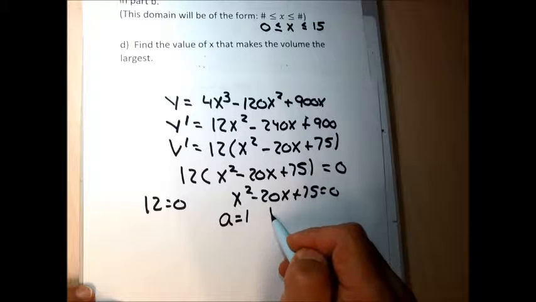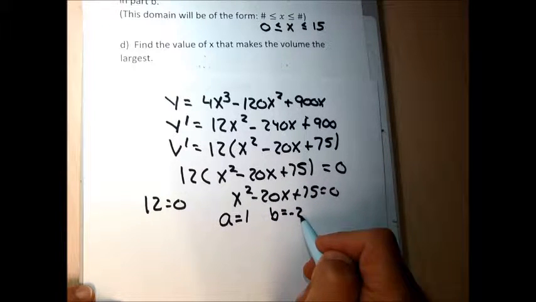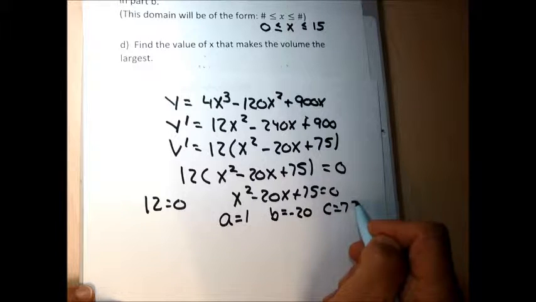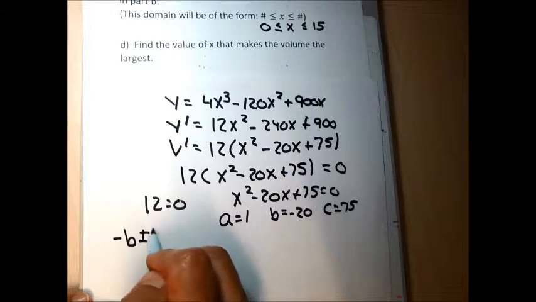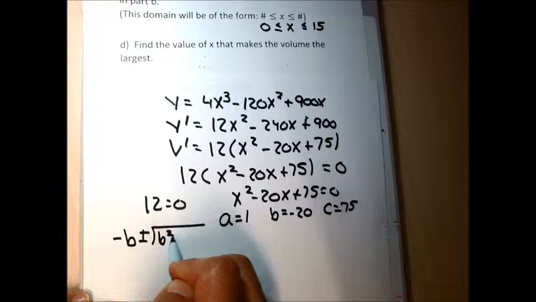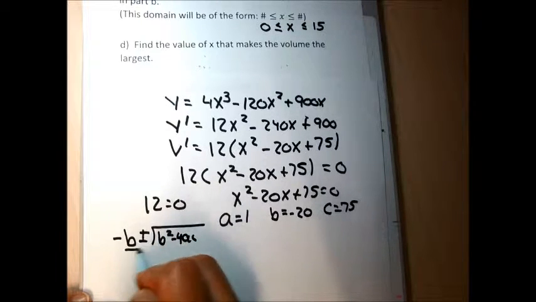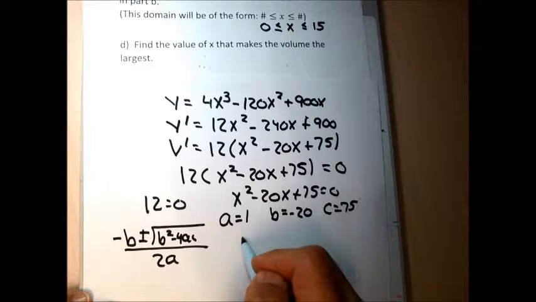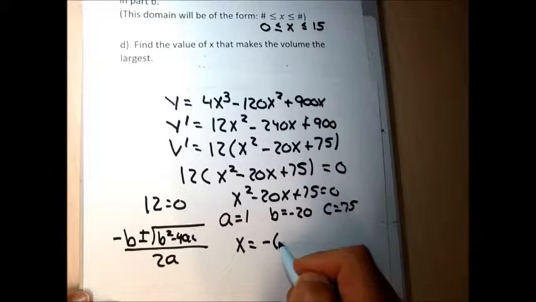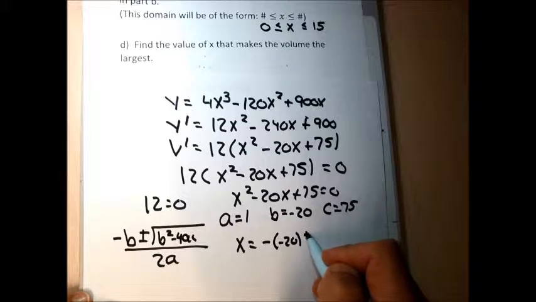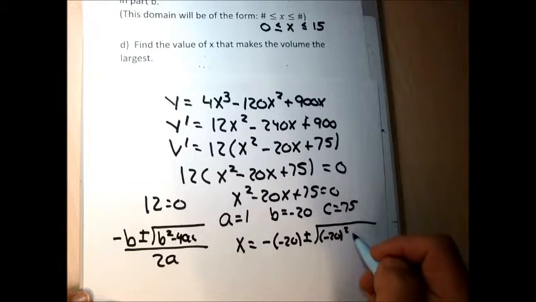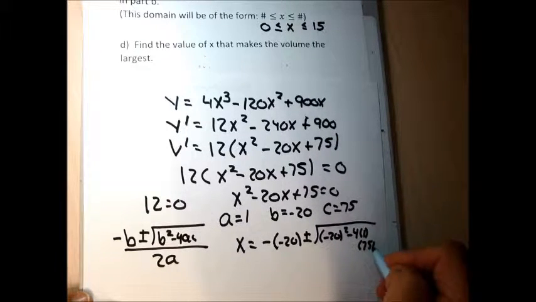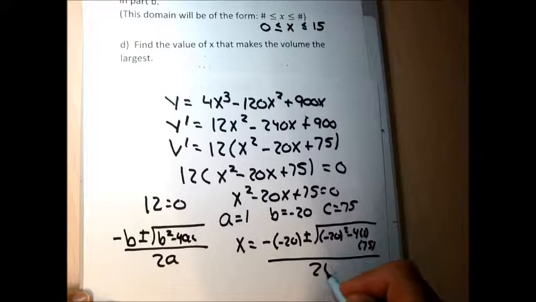So I'm going to say a equals 1, b equals negative 20, c equals 75, and use the quadratic formula: negative b plus or minus the square root of b squared minus 4ac, all over 2a. So x equals negative 20 plus or minus the square root of negative 20 squared minus 4 times 1 times 75, all over 2 times 1.